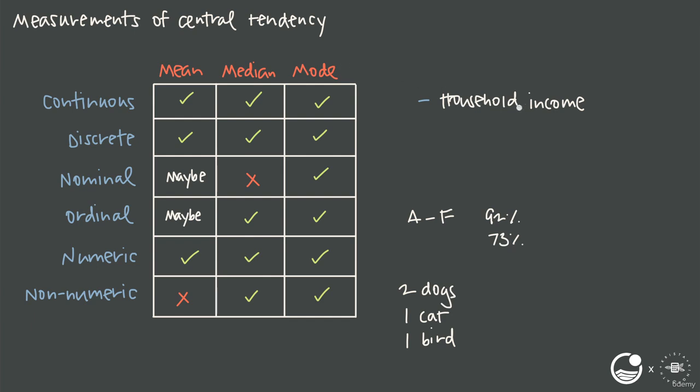For example, in economics, in politics, we very often talk about annual household income for the population of a country. And when we talk about that statistic, we usually refer to median annual household income, not mean annual household income. And the reason is because there are very often a very small number of extremely high income earners.